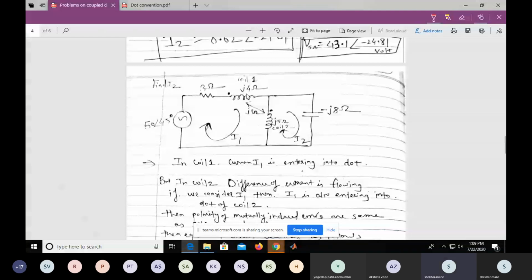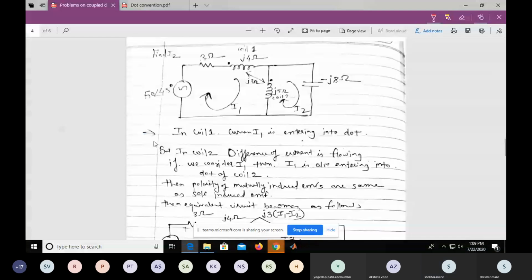This is my coil 1, J4, and this is my coil 2, J5 ohm. The inductive reactances are given here, J4 ohm and J5 ohm. And M is also given in ohm. So no need to calculate. Directly mutual inductive reactance is given, J3 ohm. Means XM is directly given here. That is J3 ohm.